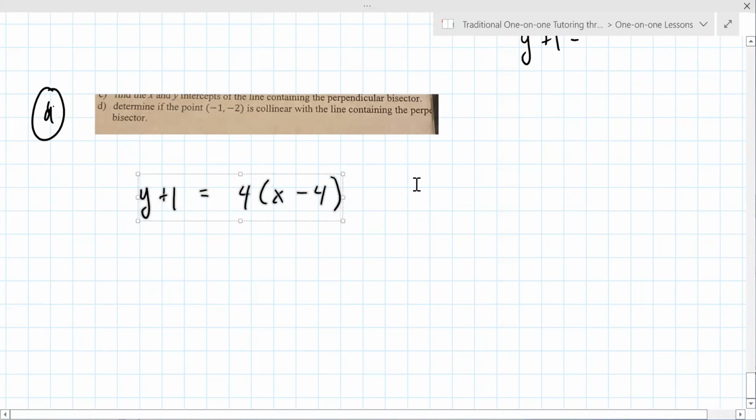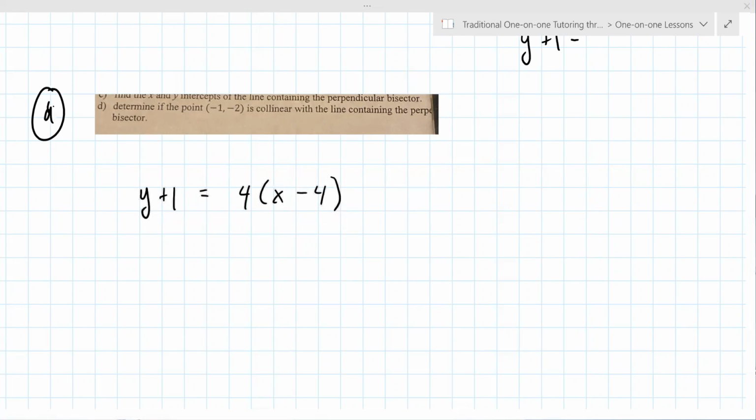You're trying to see if the left side is the same as the right side. They're non-collinear. Yes, they're non-collinear. Okay, great.